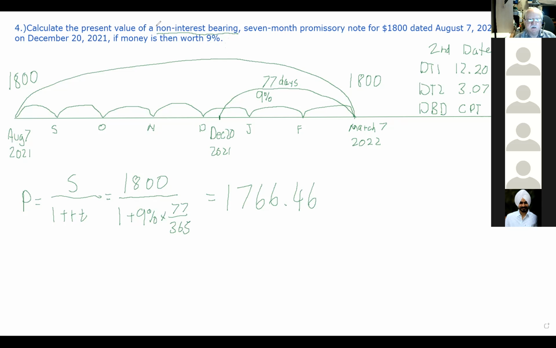It says calculate the present value of a non-interest bearing 7-month promissory note dated August 7th, 2021 on December 20th. So what they're doing is they're telling you to calculate the present value on December 20th. And so that's what we did. We calculated the present value on December 20th.